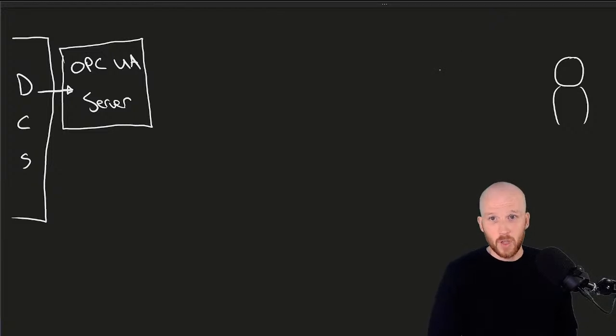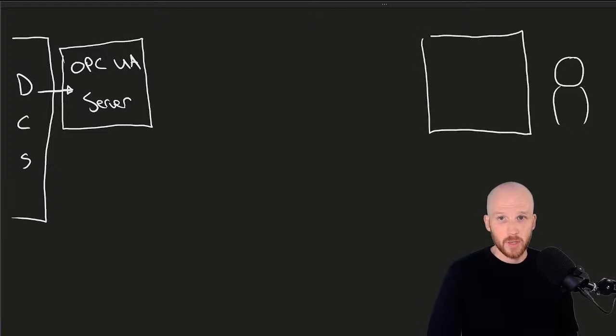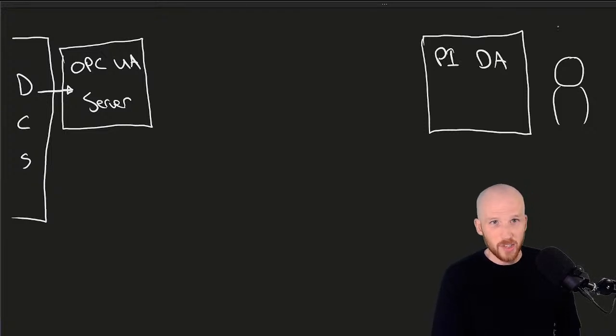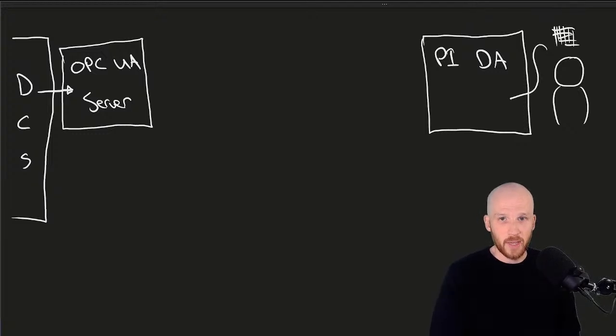And over here, we have our user, and our user is going to connect to a data archive. So here we have a Pi data archive, and the user is using Excel or something like that. And they make a connection here.